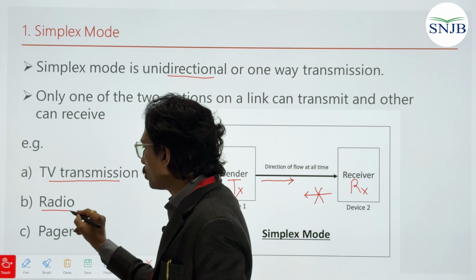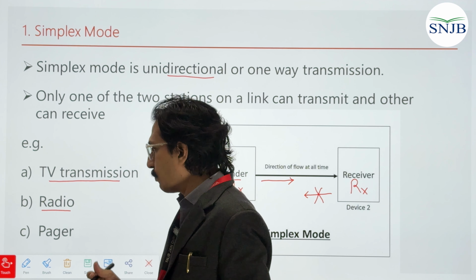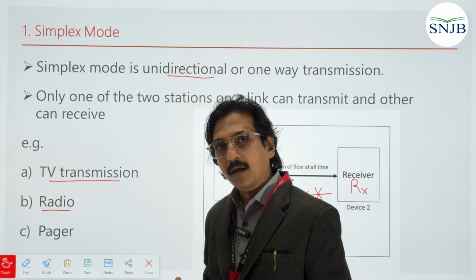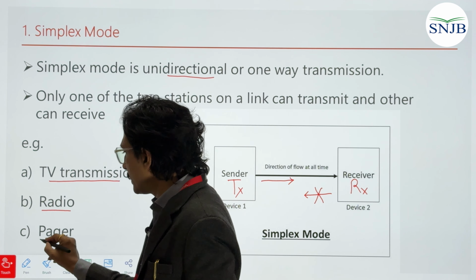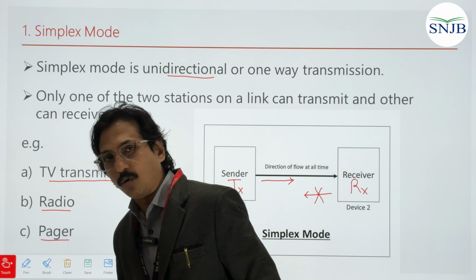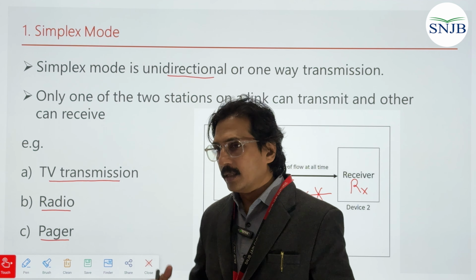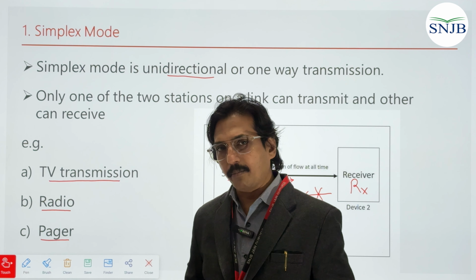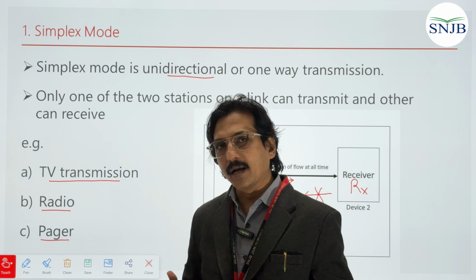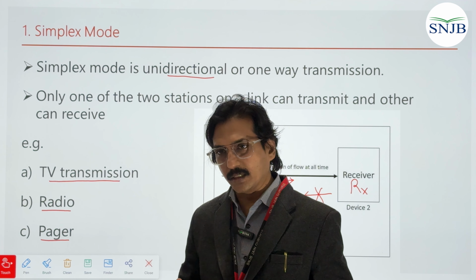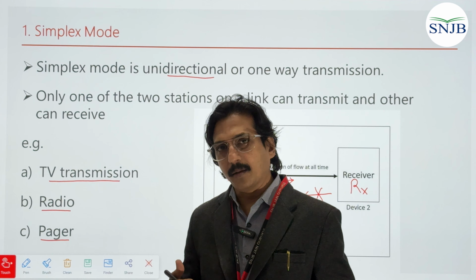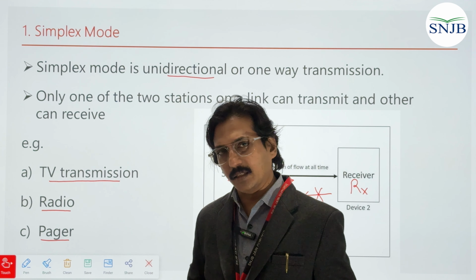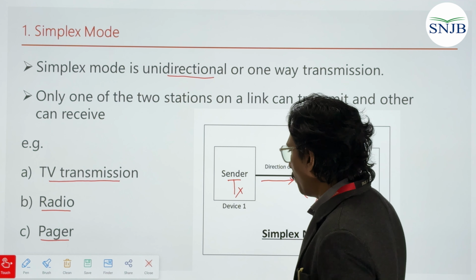Similarly FM radios are a good example: broadcasting stations broadcast and we listen on our radio receivers. A pager system was also there, now obsolete. For a long time, messages could be sent by an employer to employees through the pager, and the employee could only read the contents. One system acts as a transmitter and the other node acts as a receiver. So this is the simplex mode of communication.